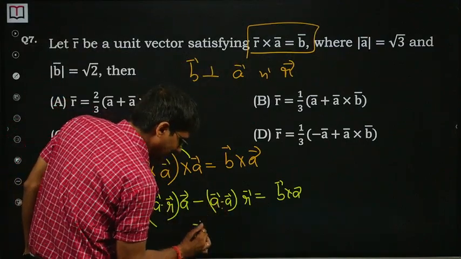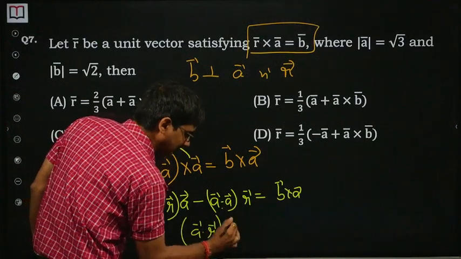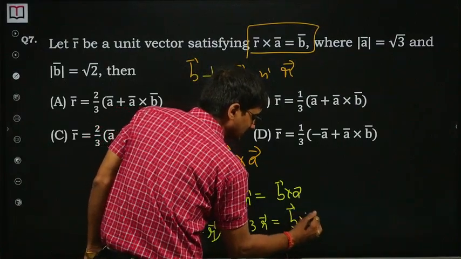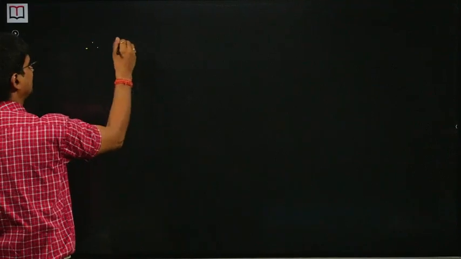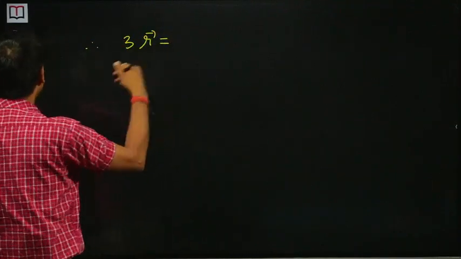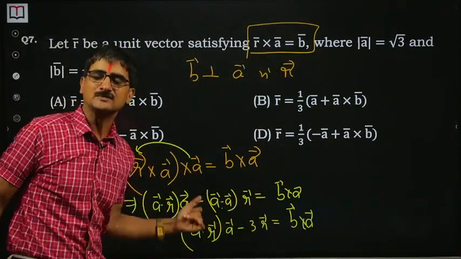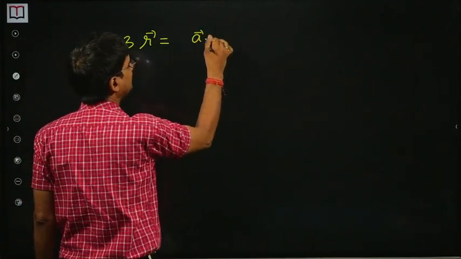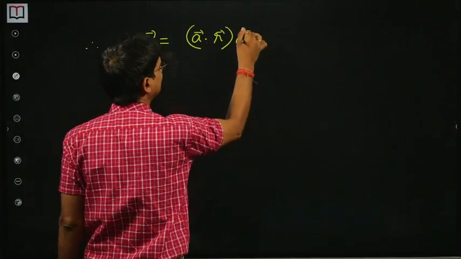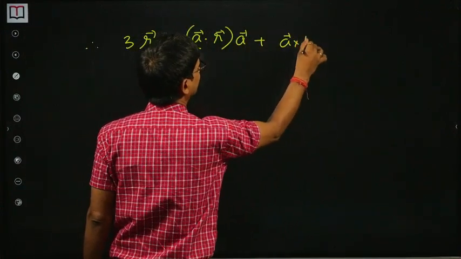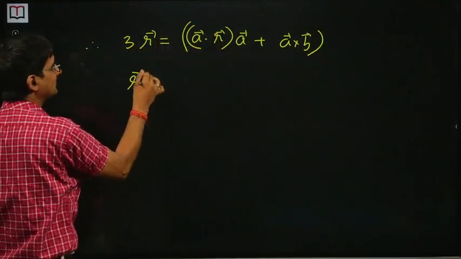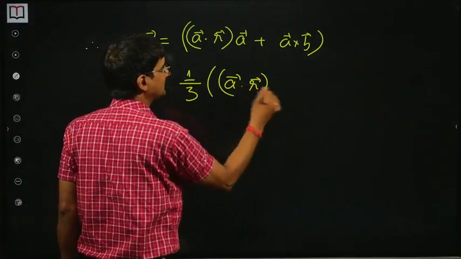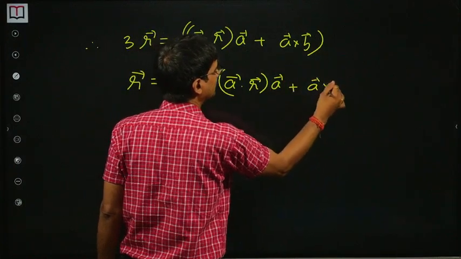So this is (A dot R) times vector A minus 3 times vector R is equal to B cross A. Since I need vector R here, I will write 3 times vector R, taking B cross A to the LHS, we get minus B cross A, which I can write as A cross B, plus A dot R times vector A. So of course vector R is nothing but 1 by 3 times (vector A dot vector R times vector A plus vector A cross vector B).